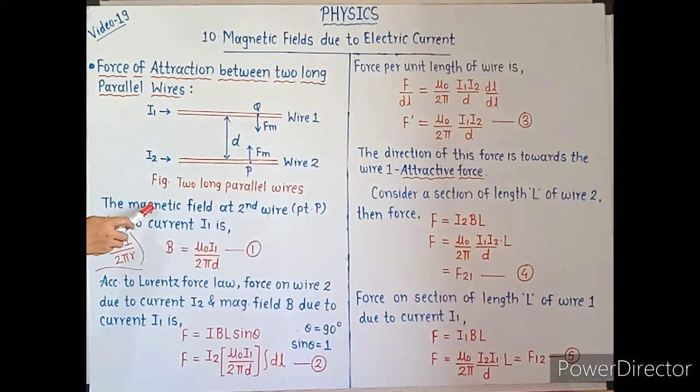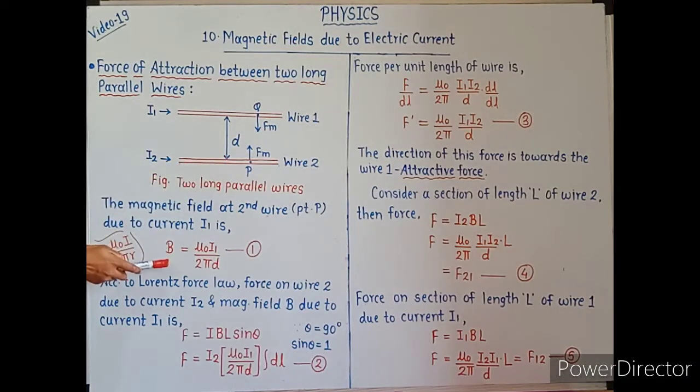So the magnetic field at wire 2 due to current I1 is given by B is equal to mu 0 I1 upon 2 pi d. Because I1 is the current flowing through wire 1 and the distance between the two wires is small d. So B is equal to mu 0 I1 upon 2 pi d. This is your equation number 1.